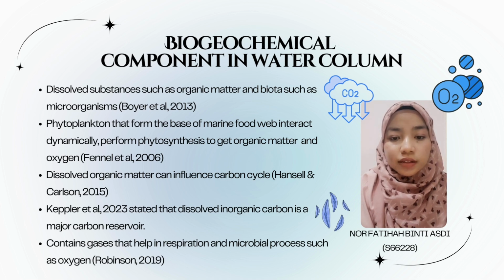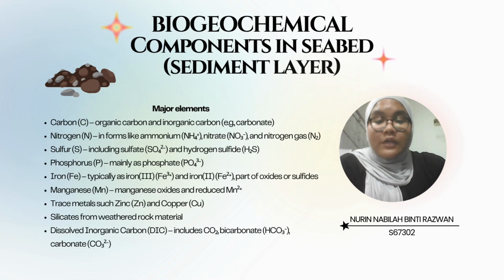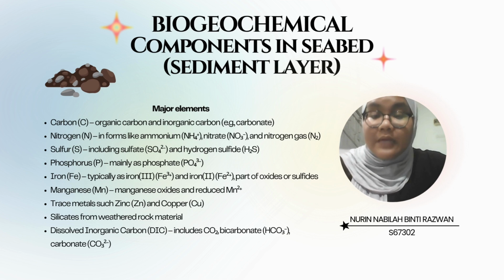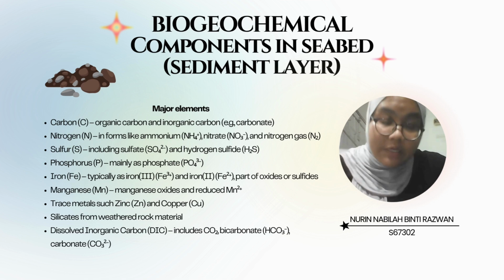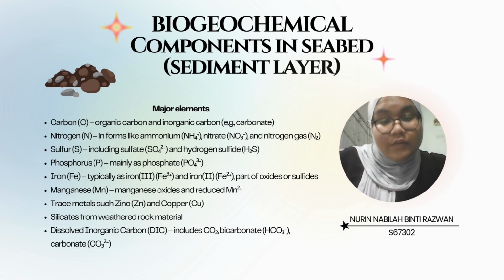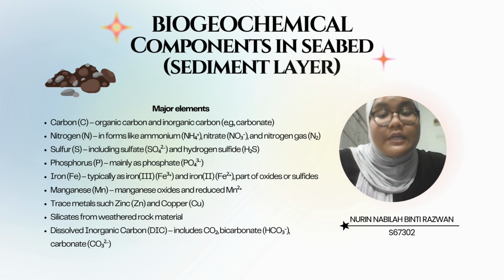Okay, so today I'll be listing all the biogeochemical components in the seabed sediment layer. For the major elements in the seabed sediment layer, there will be carbon in the form of organic carbon and inorganic carbon such as carbonate. The next one is nitrogen in forms like ammonium, nitrate, and nitrogen gas.